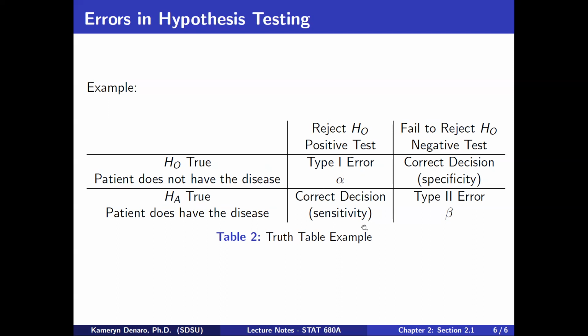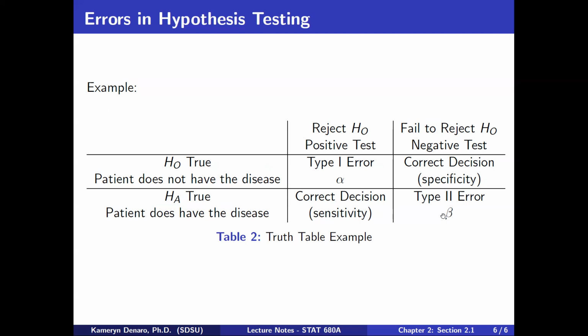So in 2 cases, we have a correct decision, which we talked about in the last chapter, which would define our specificity and sensitivity of the test, right? Remember, specificity is when we get a negative test given they don't have the disease, and the sensitivity is getting a positive test given you do have the disease.